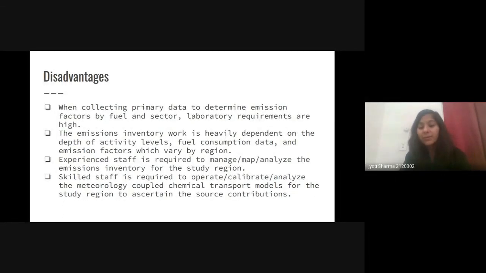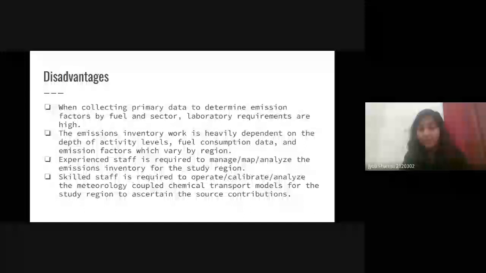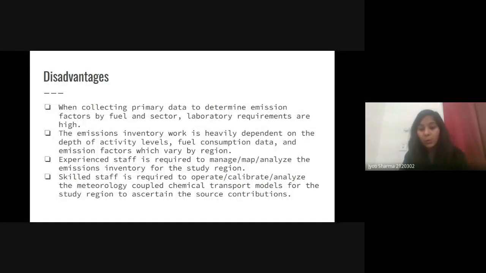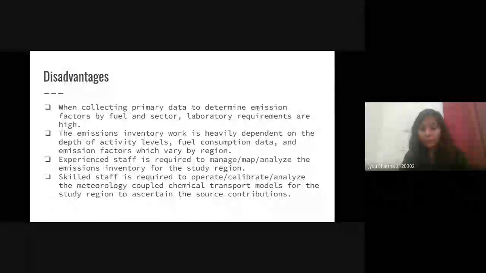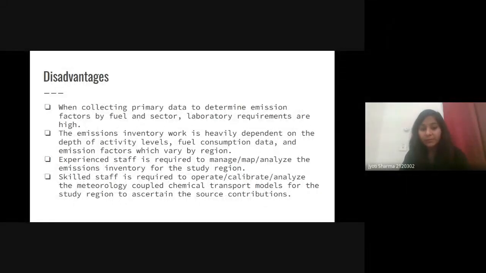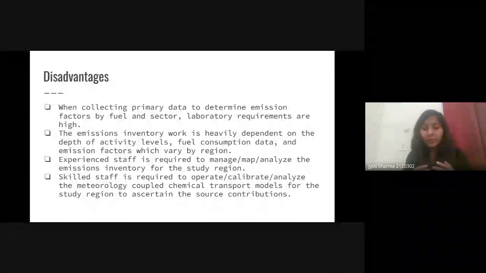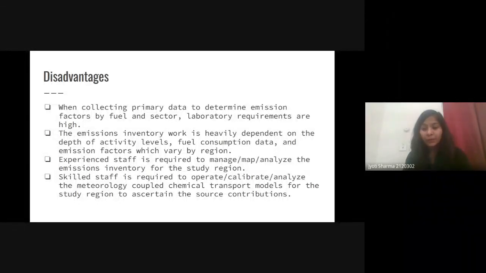But there are also some disadvantages. The disadvantage is that you are calculating the emission factor, and to calculate this emission factor there is a huge requirement for a laboratory. So you must have laboratory facilities for that. The second is that you have all types of data, so your team should be very big.